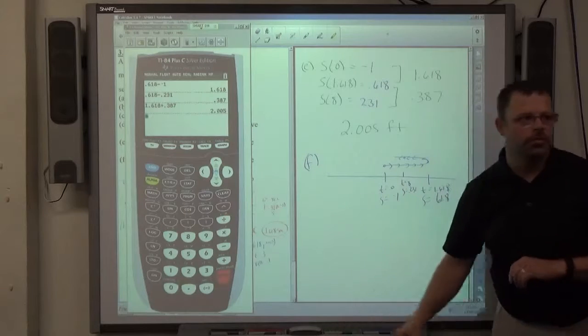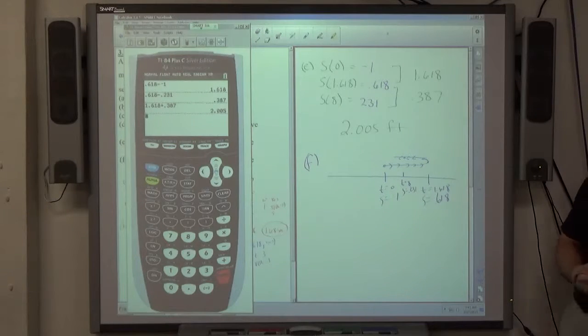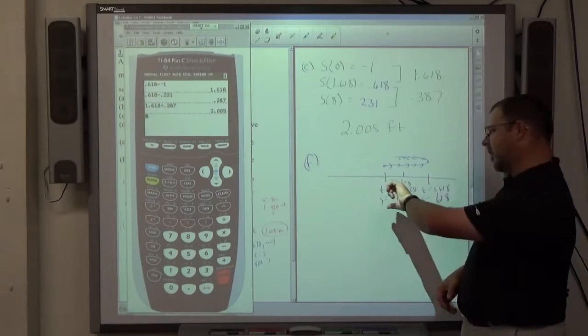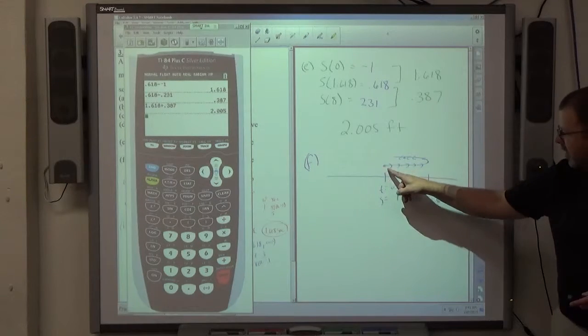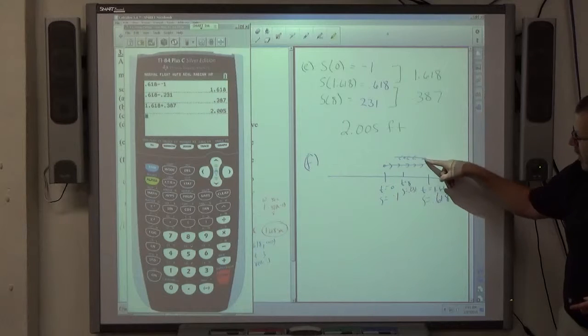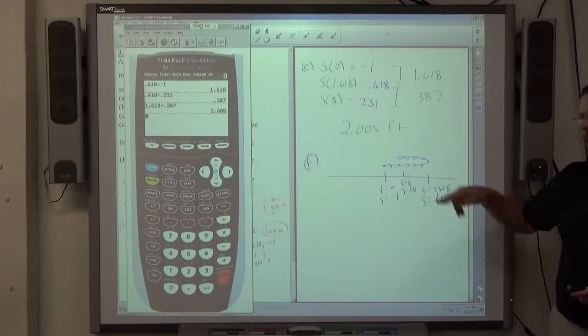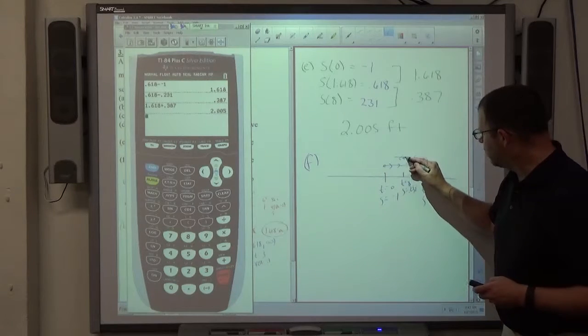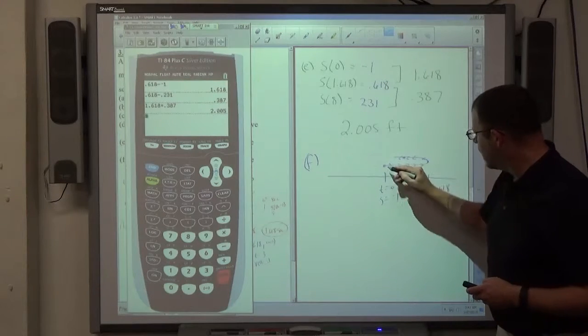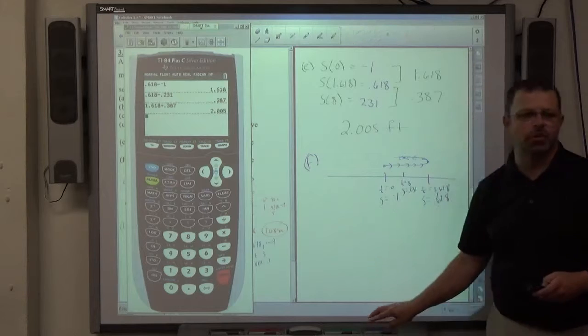There's our diagram. I probably should have slid that a little bit further over. But again, it starts here, goes up to 0.618, then goes backwards and ends up at 0.231 at 8 seconds. You have to put dots where these points are, and then arrows along the line to demonstrate the motion of the particle.